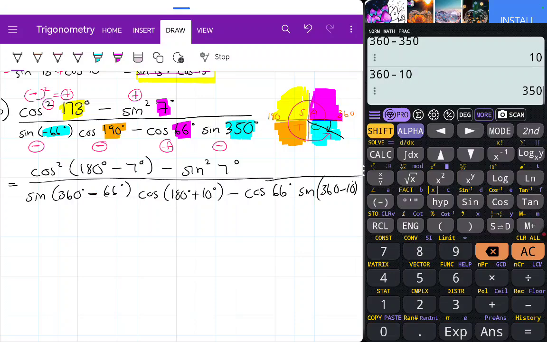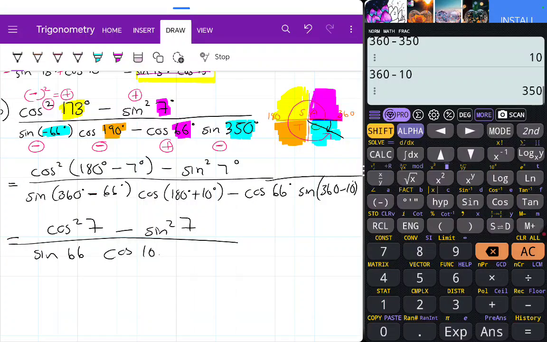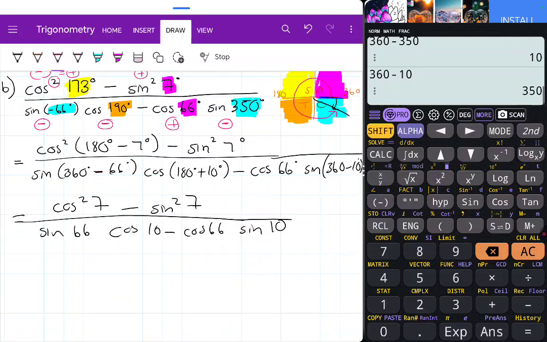Now we're going to drop all of our 180s and 360s. We have cos squared 7 minus sine squared 7 divided by sine 66 cos 10 minus cos 66 sine 10. Having said it like that, you already hear a pattern. Don't forget, the most important thing is your signs.